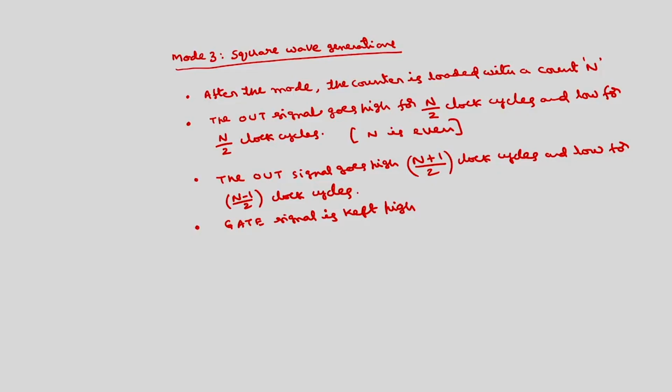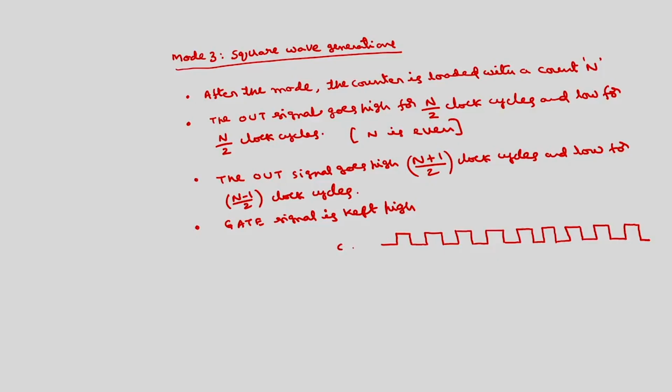So let me take the waveforms. Here I take the clock waveform; this is the clock of any particular counter. You have 3 counters, and you can program any of these counters in mode 3. With respect to this clock, let us see how the out signal will vary, for both the cases, n even as well as n odd. The gate signal I am not showing, which will be high.